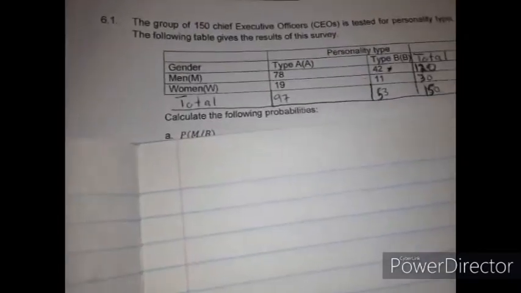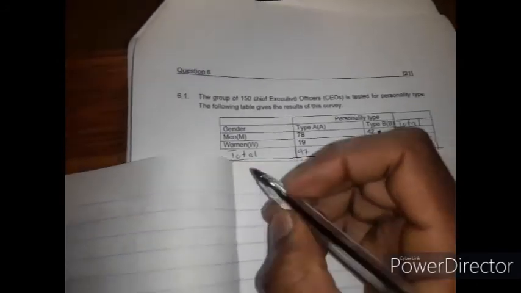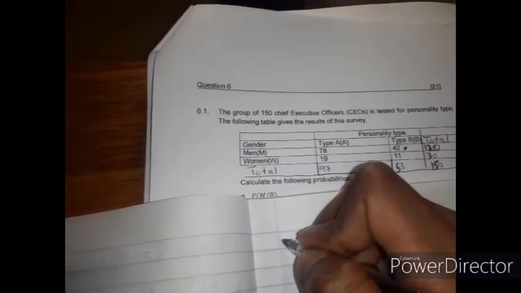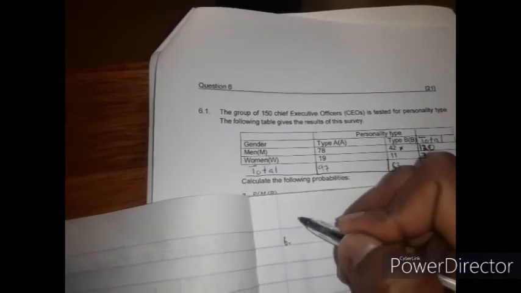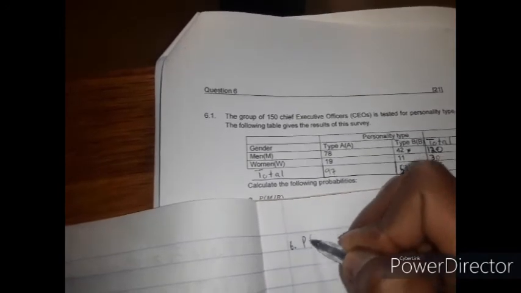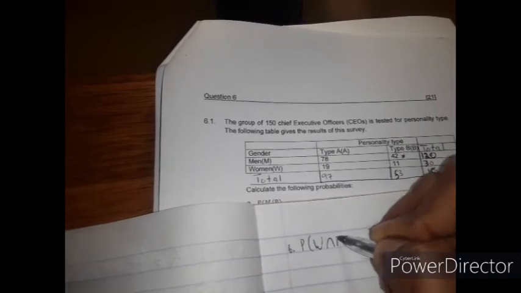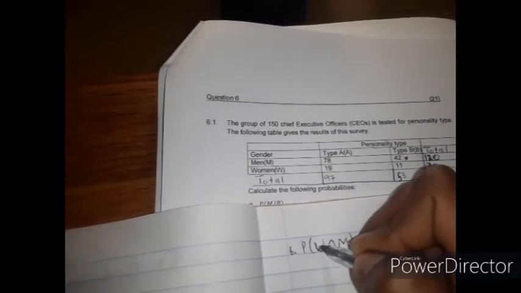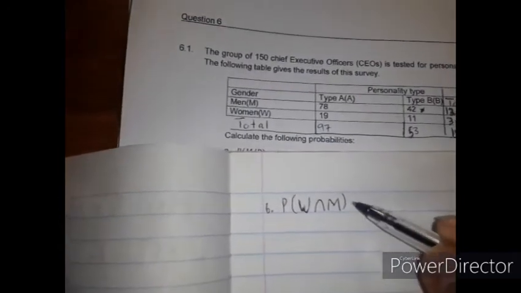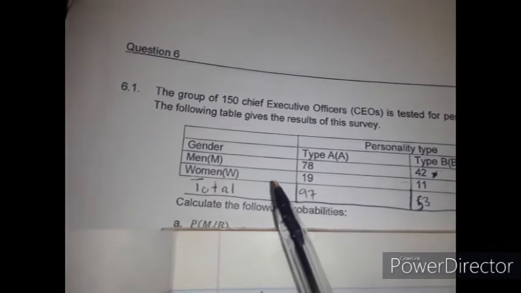Now, presuppose the question says we want the probability of women and men. This is also a joint probability, but the difference is that these events are independent.